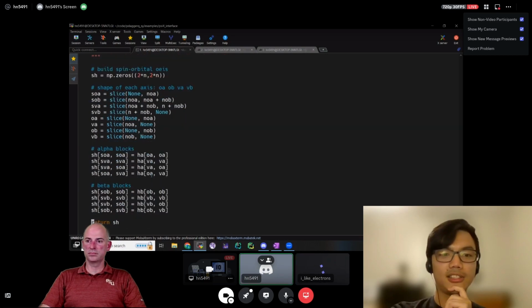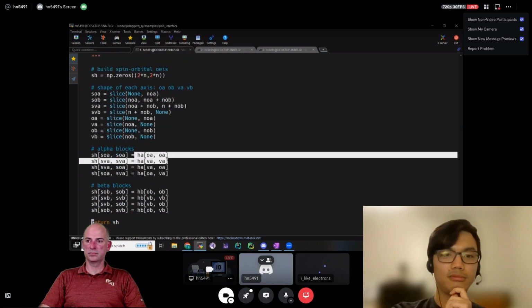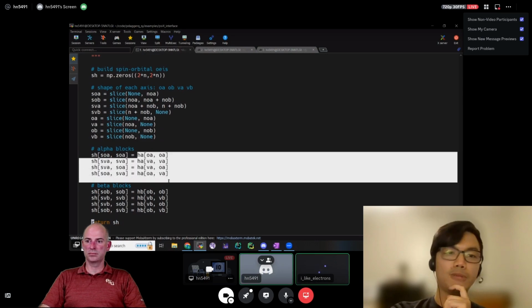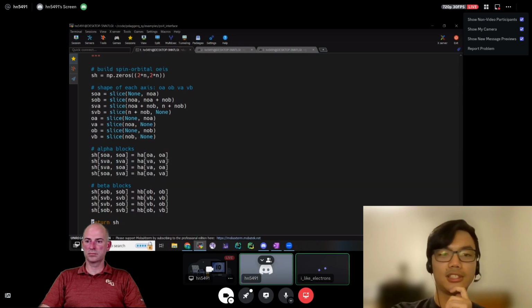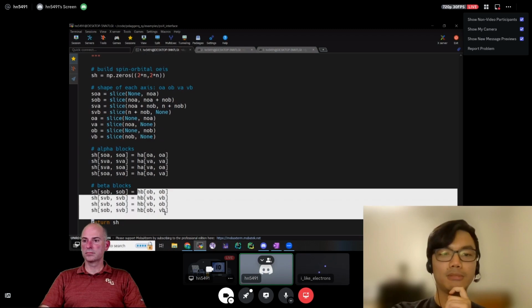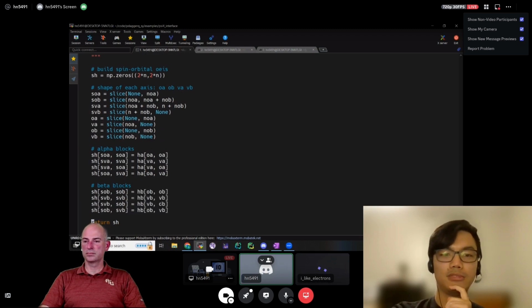And basically I just map from the proper block. For example, if I'm working with the alpha block, then I will grab the proper slices from the alpha block. And when I'm working with the beta block, I will grab the proper slices from the beta block that I built.